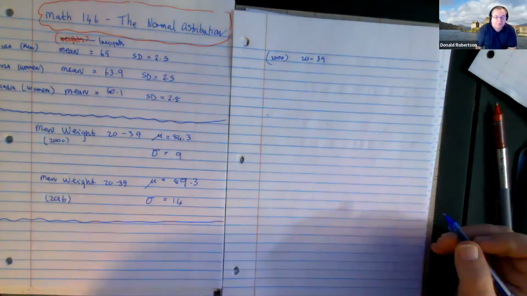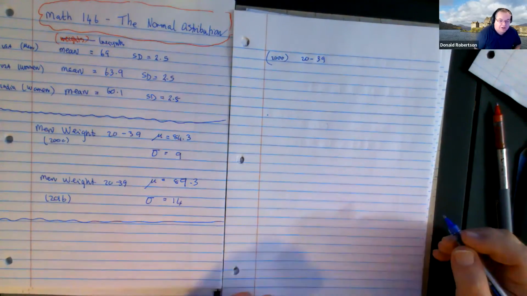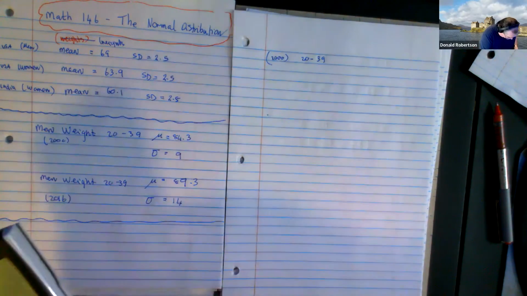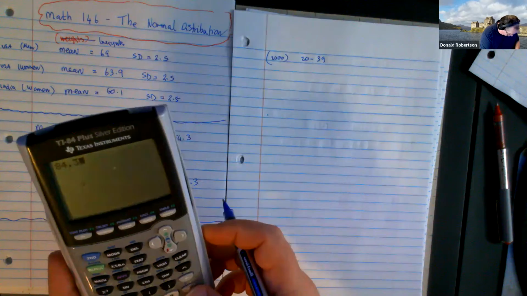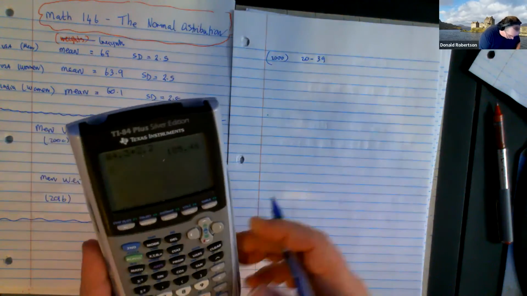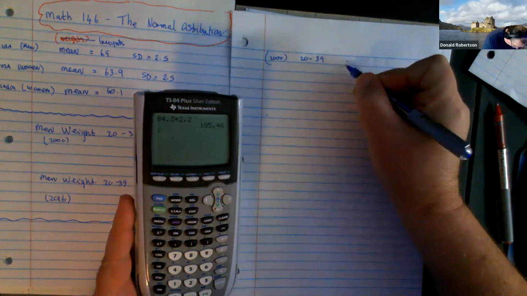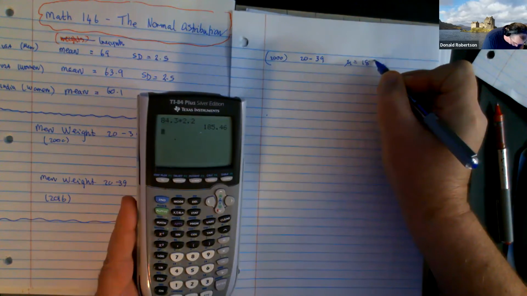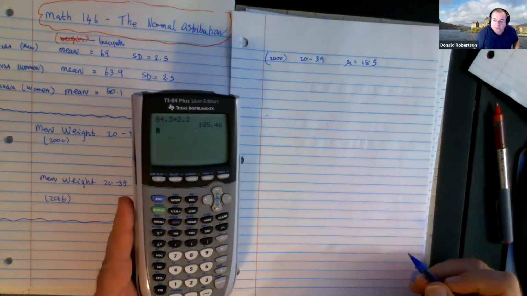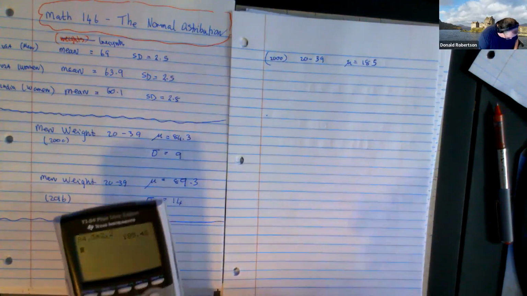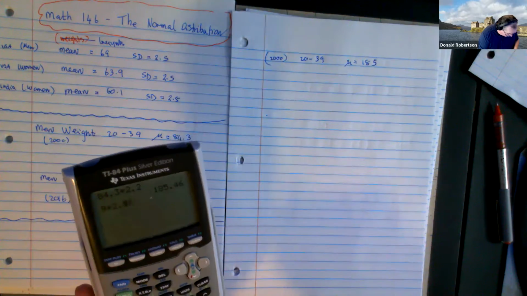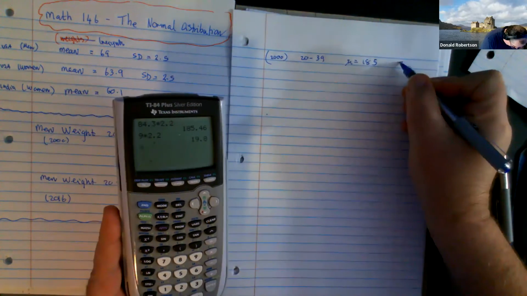This one was on males 20 to 39 years old, and their average weight was 84.3 kilos, which I'm now turning into pounds. Their average weight was 180, we'll call it 185 pounds. Standard deviation was 19.8.